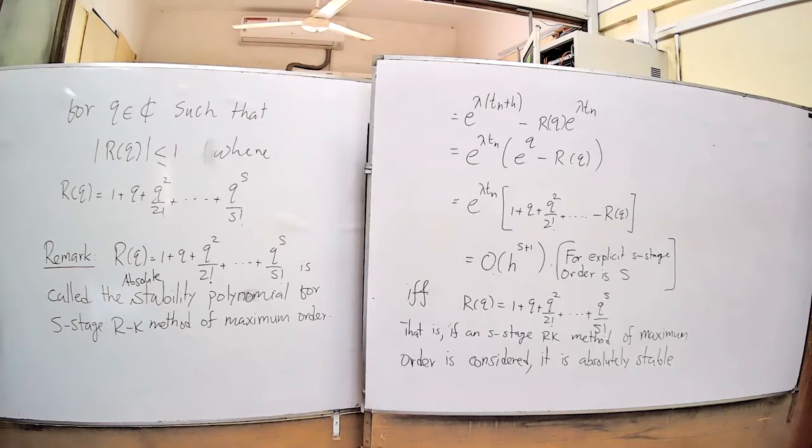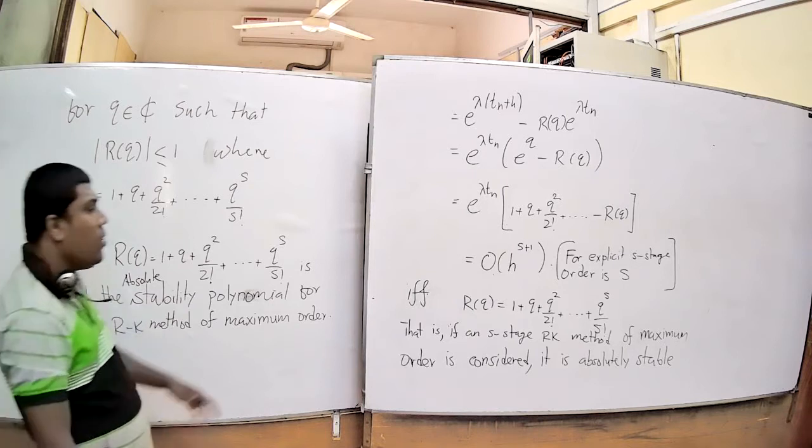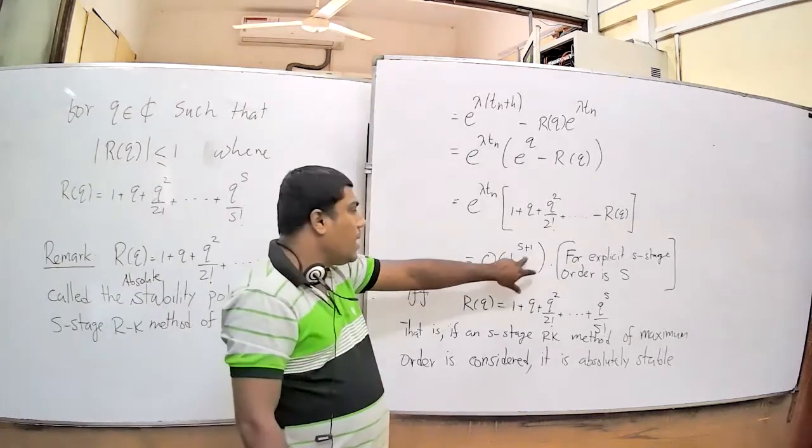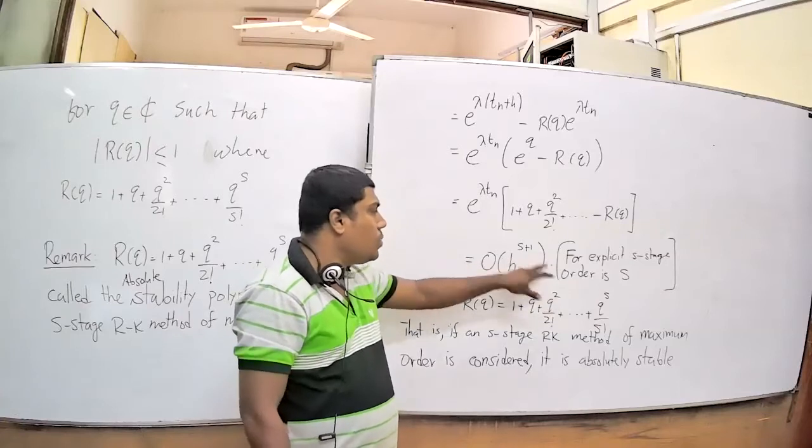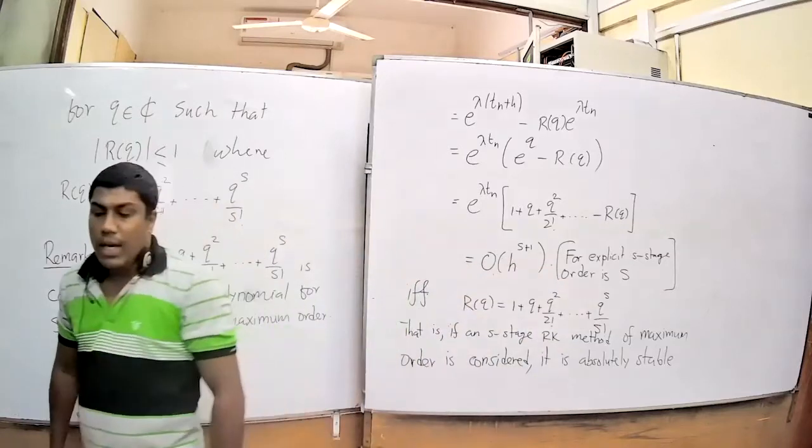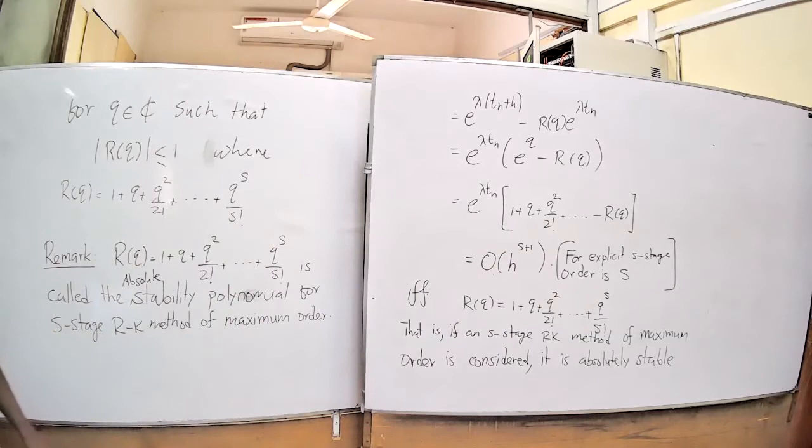That is because in that case you cannot do this, as it will go up to 2s plus 1, because there is a theorem which says the highest order for an implicit s-stage method is 2s. So then this is going to be h to the power 2s plus 1. You are going to have lots of terms, so that is why we didn't go that way there.